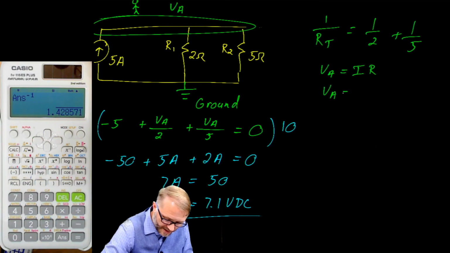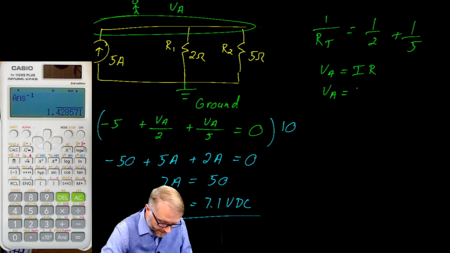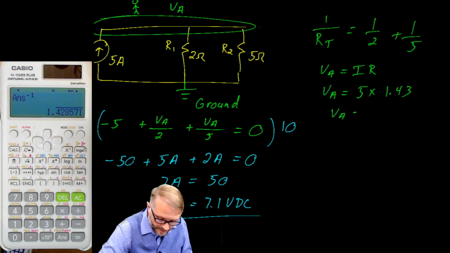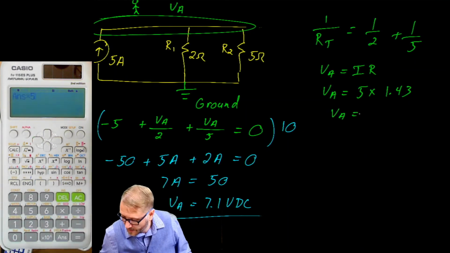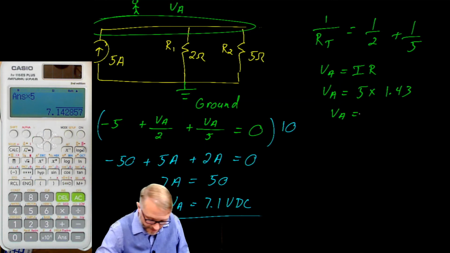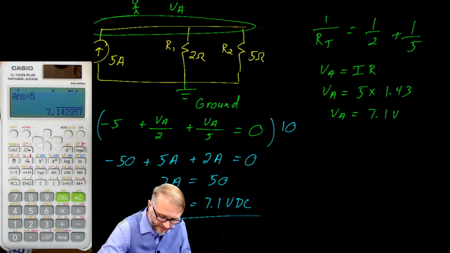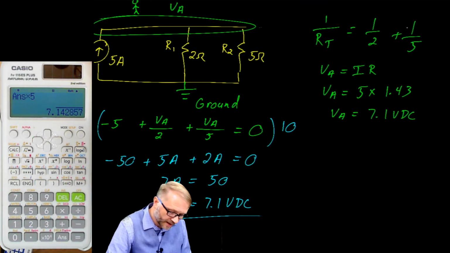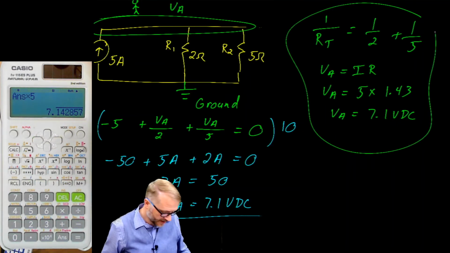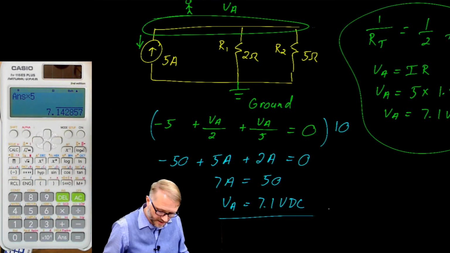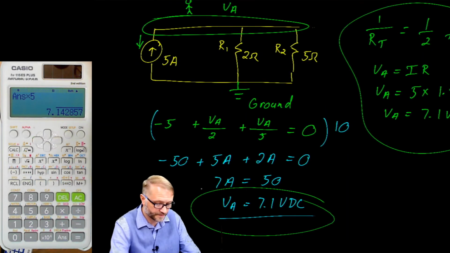So voltage A is 5 amps times 1.43. So we multiply this by 5, and we should get the same answer. So voltage A is about 7.1 volts DC. Okay, that was the tools we had, and this is our new tool using the nodal analysis.